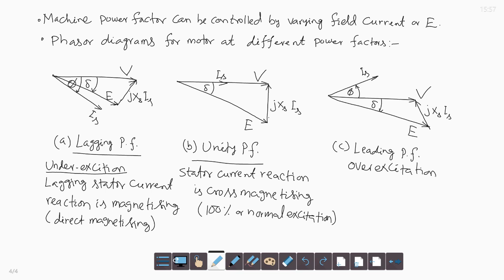Because field MMF is higher due to over excitation, the leading stator current reaction is demagnetizing.